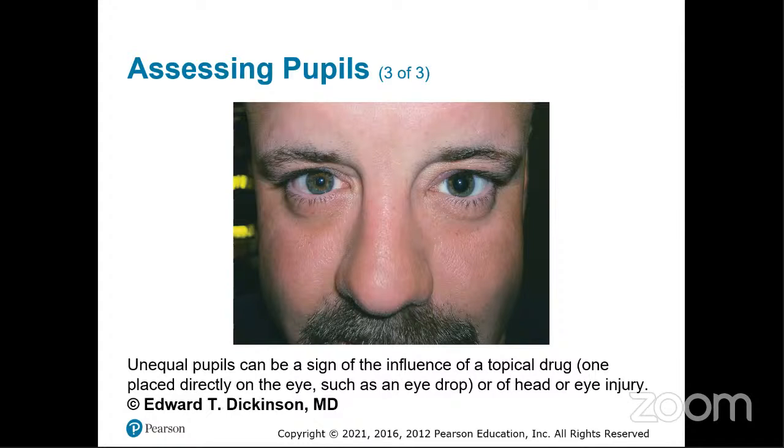But then the same thing though, ask if this is normal, because there are people that have unequal pupils normally, and that's nothing to be alarmed about with them, because they always have it.